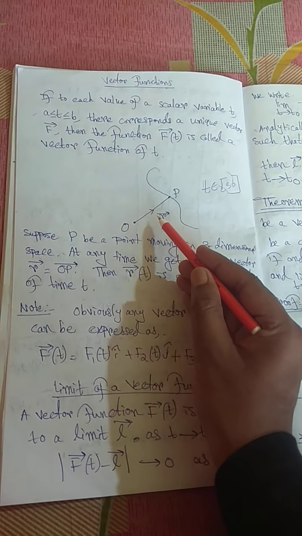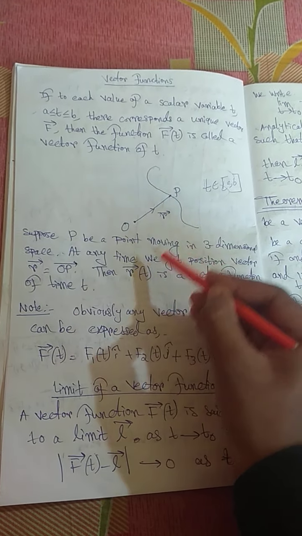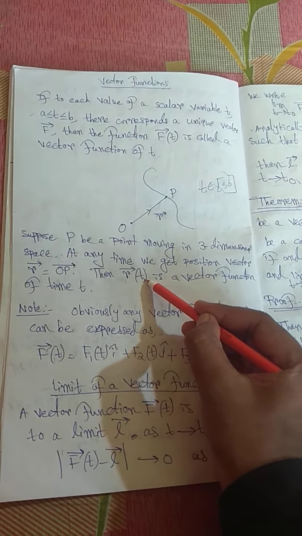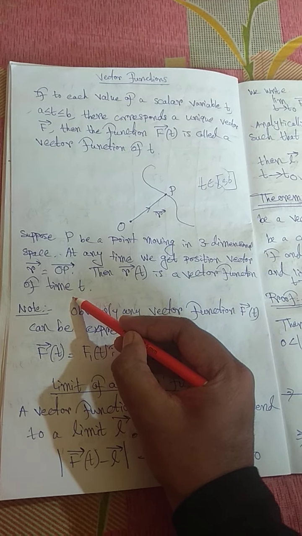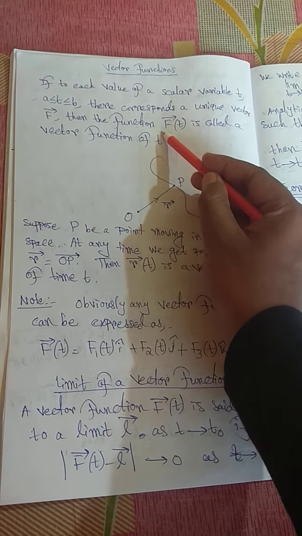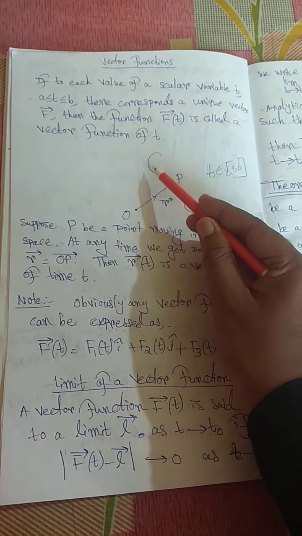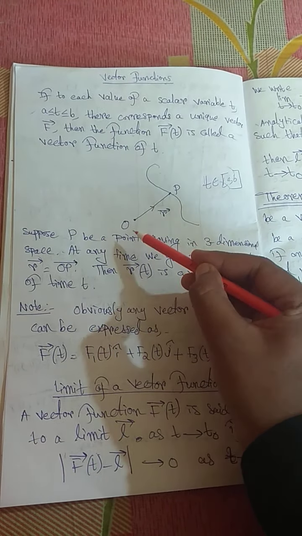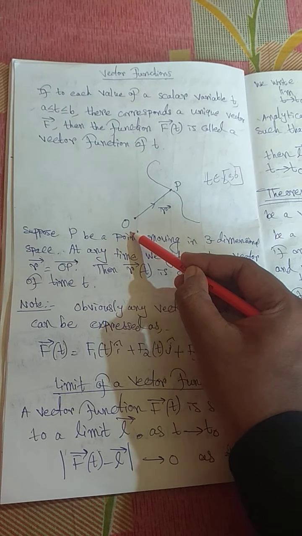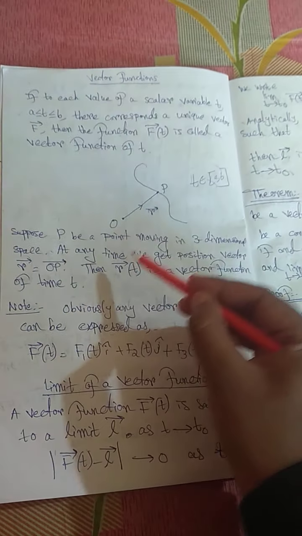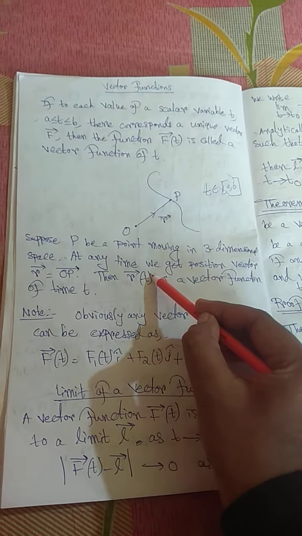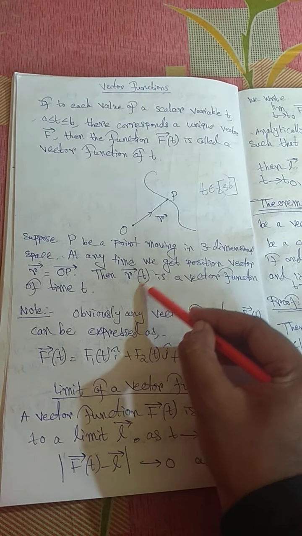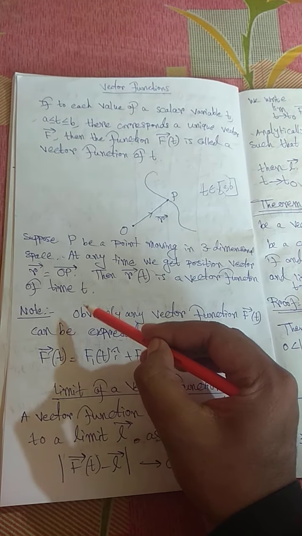Then this vector r with respect to the scalar time t is a vector function. Here the vector is f; similarly, in this picture the vector is r, from the point O to the point P, and t is the scalar variable. So we can say that r(t) is a vector function of time t.